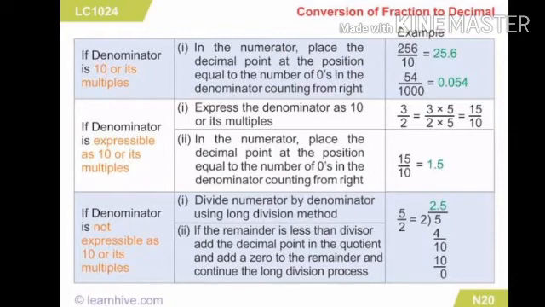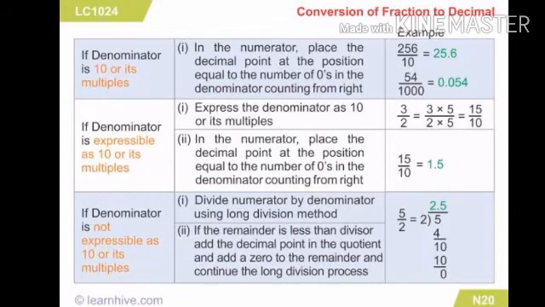Now let's learn how we can convert a fraction into decimal. A fraction with denominator 10 or its higher power can be converted to decimal easily. Therefore, it is convenient to find the decimal equivalent of a fraction by converting its denominator into some power of 10. In order to convert a fraction into decimal, we follow these steps.